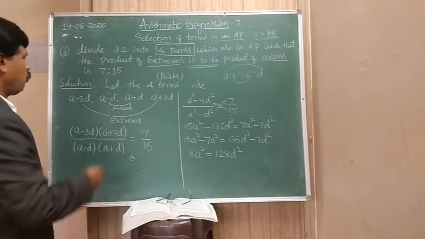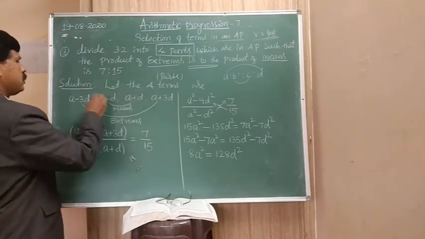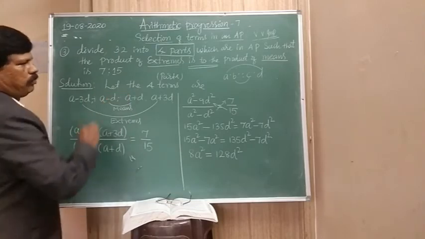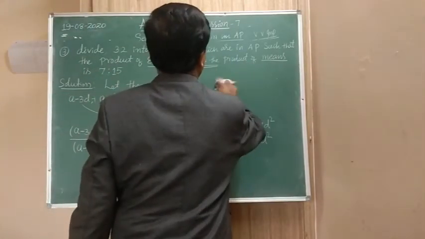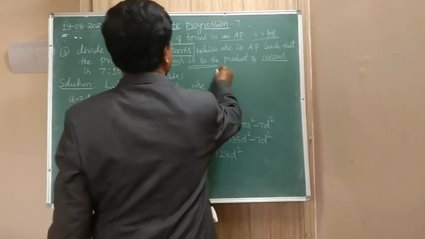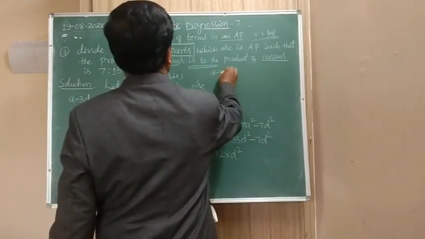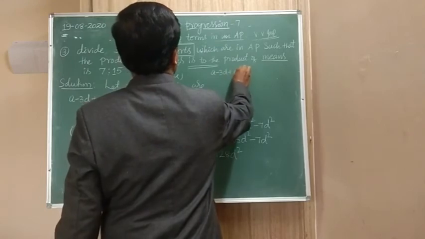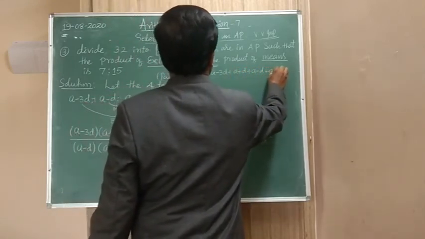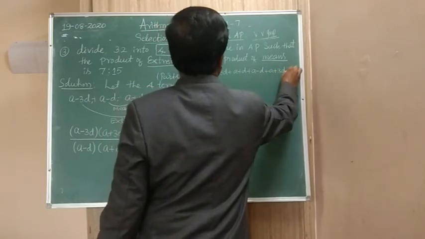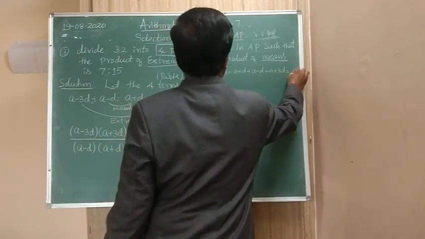That means the 4 numbers we have taken, the sum of these 4 parts, you can write here: a minus 3d plus a plus d plus a minus d plus a plus 3d is equal to 32.